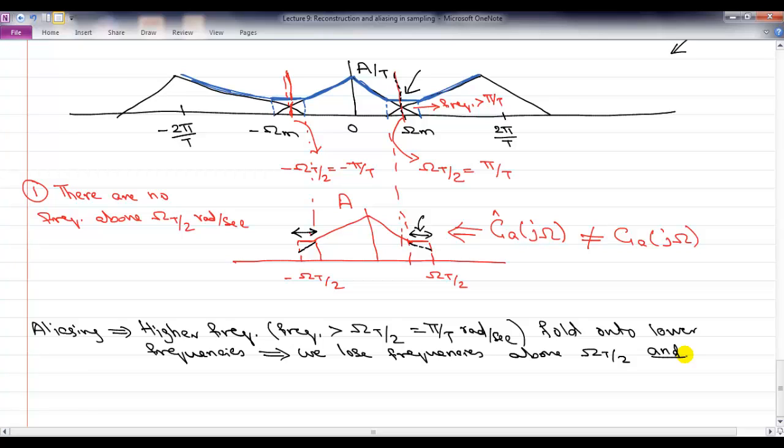Effectively, they also corrupt your lower frequencies. Okay, so they corrupt the frequencies onto which they fold.